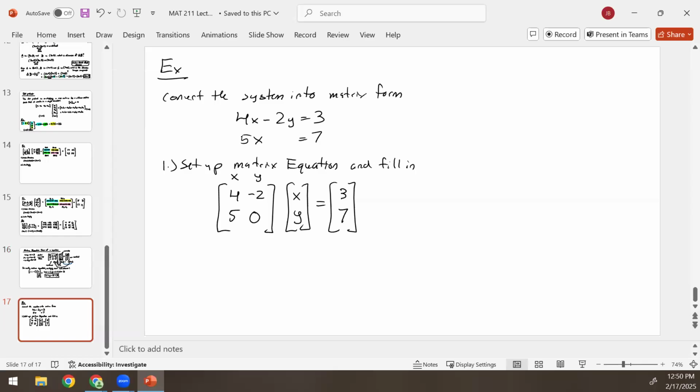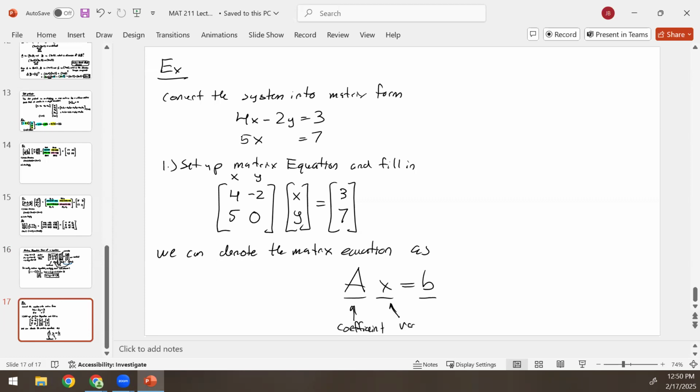Okay. We can denote the matrix equation as AX equals B. And so these are the coefficients, variable, and then constants. So if a question says write it as AX equals B, that's the matrix form. It means the same exact thing.